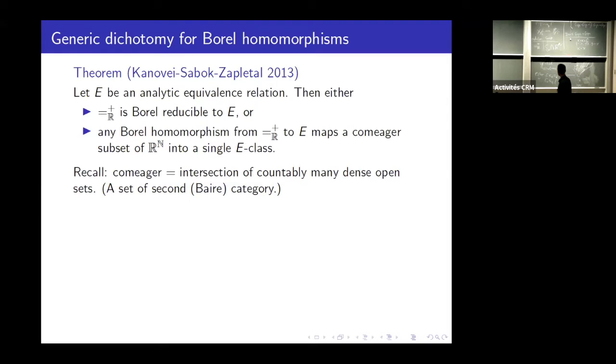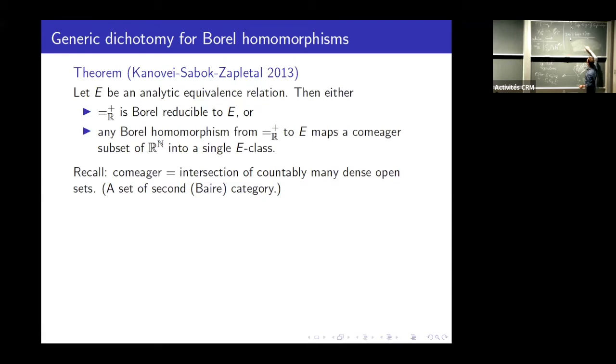The structure is now, instead of trying to understand directly the structure of the reducibility, to focus on the structure of all homomorphisms between two equivalence relations. Their dichotomy says the following: if E is some analytic equivalence relation, then either it is above equality plus, and equality plus, I should say, is above all of this picture, it's up here.